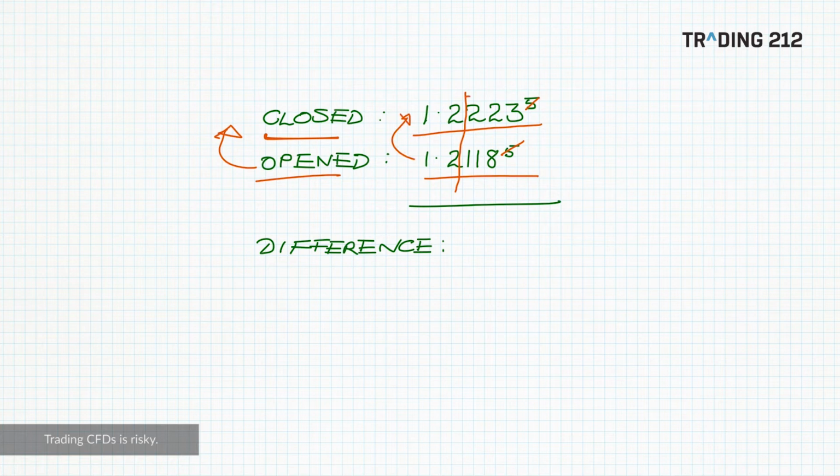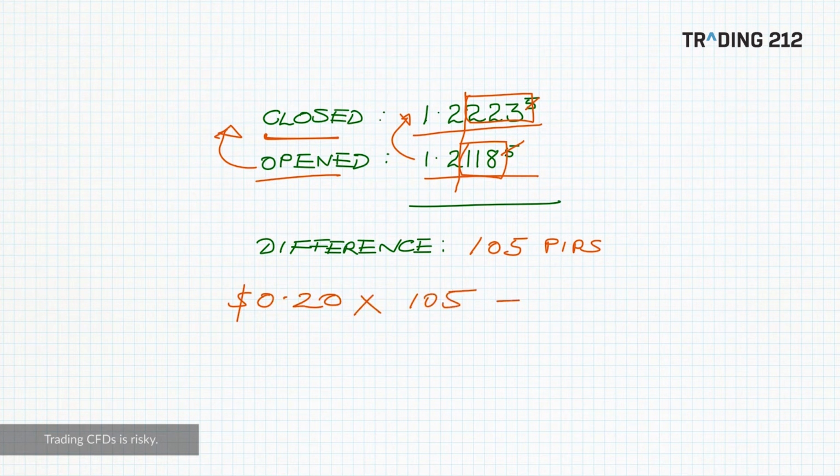Really, we're just looking at 223 pips minus 118 pips, and that gives us a difference of 105 pips. And we said before that 1 pip was 20 cents, or 0.2 of a dollar, multiplied by 105. And therefore, overall, that is $21 difference between our opening and closing level in terms of trading profit. So we made a $21 trading profit.